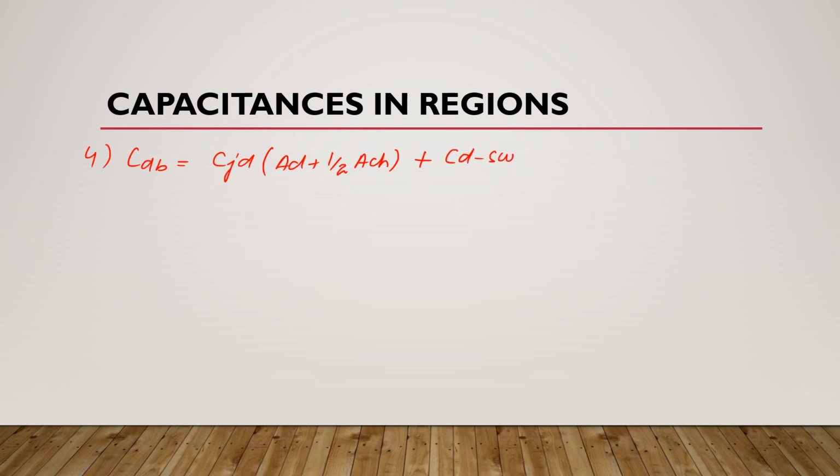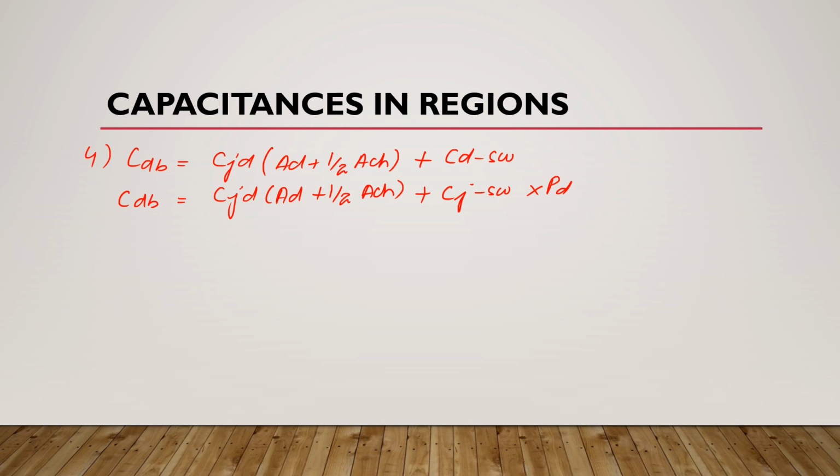Now if we put the value of drain sidewall capacitance here, this equation becomes this. Okay, so these are the formulas of capacitances in triode region.